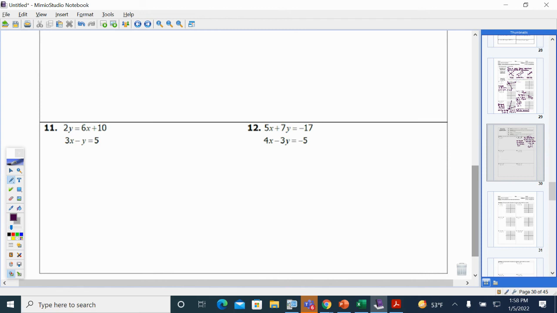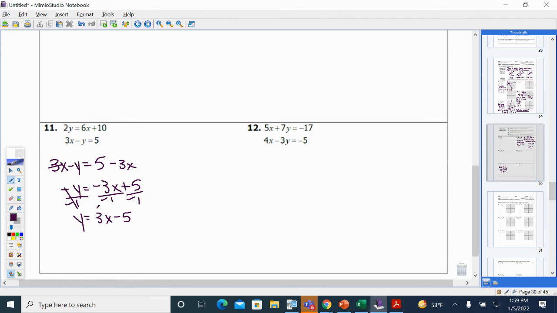I am going to use that second equation, and I'm going to make it say y equals. So the first thing I'm going to do is subtract the 3x on the other side, and it says -y is equal to -3x plus 5. And then I'm going to divide everything by the -1. And we get y equals 3x minus 5.